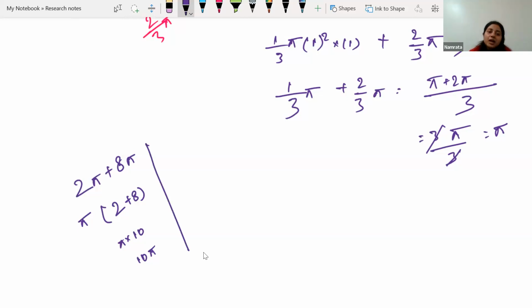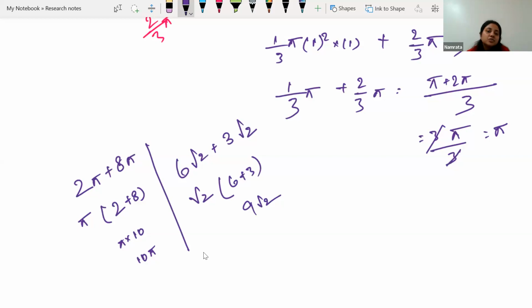Or if you have 6 root 2 plus 3 root 2, we take root 2 out common and add 6 plus 3, that means 9 root 2 is the answer. In short form, you can say we treat it like 6x plus 3x, and that is 9x.